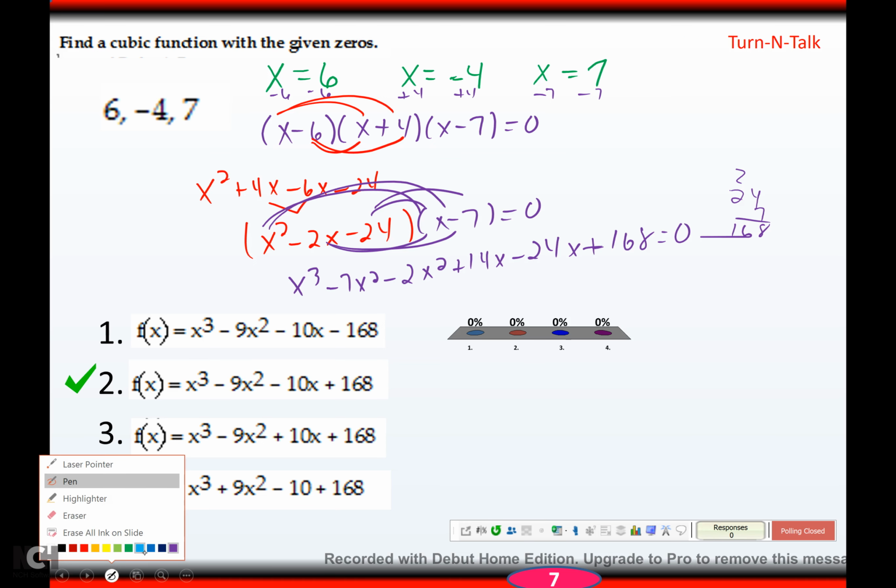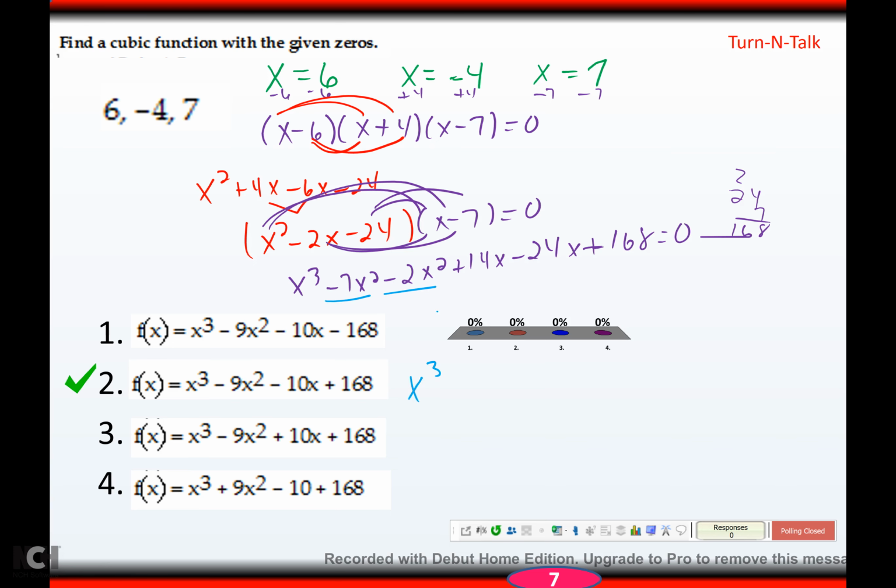Alright, so now combine like terms, I get x cubed, negative 7x squared minus 2x squared is minus 9x squared. Positive 14x and negative 24x is negative 10x. And positive 168 comes down, equals 0. And then they just, instead of saying equals 0, said the function is. Okay?